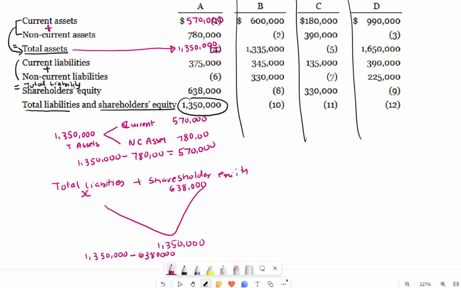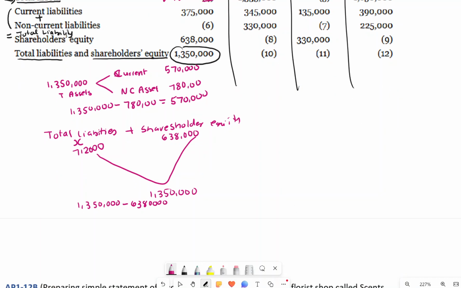So I will take my 1,350,000 minus 638,000, which will give me 712,000. So my total liabilities in part A is 712,000.